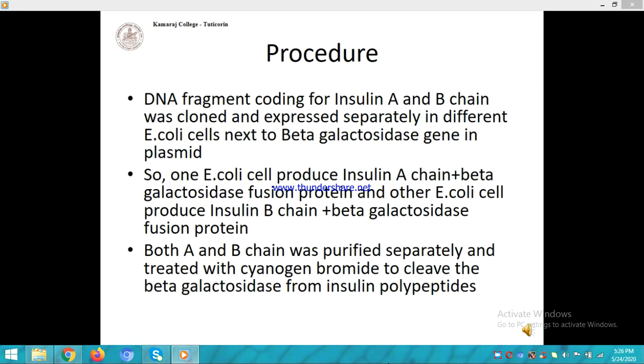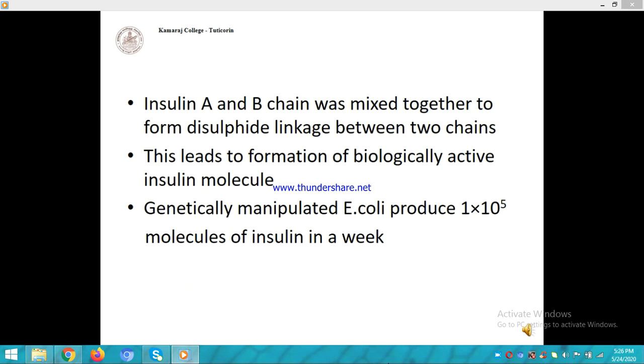This is the procedure of how insulin is produced. DNA fragments coding for insulin A and B chains were cloned and expressed separately in different E. coli cells. One E. coli produces the insulin A chain and another E. coli produces the insulin B chain. Both chains are purified separately and treated with cyanogen bromide to cleave the beta galactosidase from the insulin proteins.